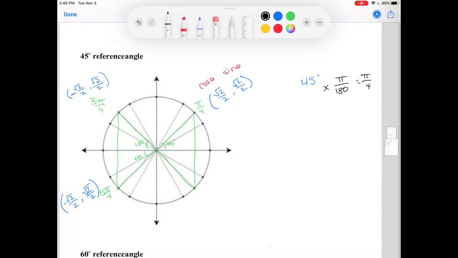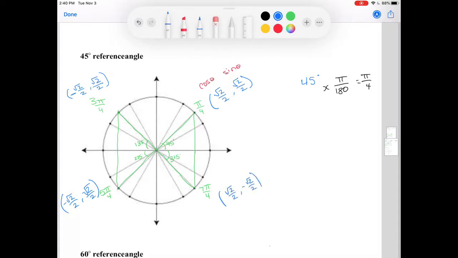All right, if you're struggling with the radians, that's fine. There is a pattern to memorize, but remember at the end of the day, if you know what the angle degree measure is, you can still multiply that by pi over 180 and you will get pi over 4. So if you happen to forget the pattern or you don't know how to get the radians, you can always multiply by pi over 180.